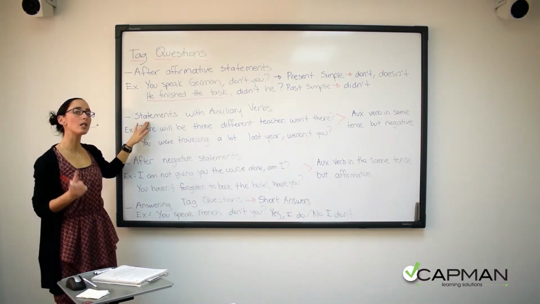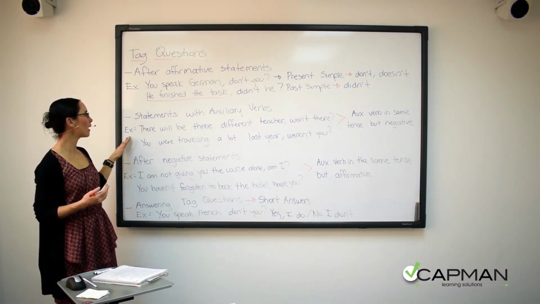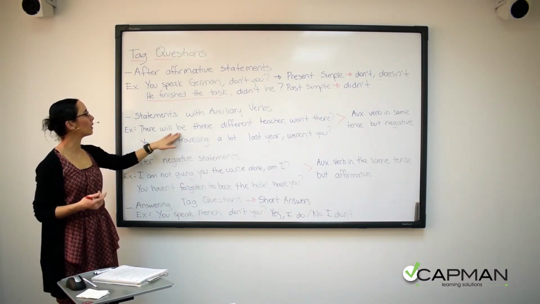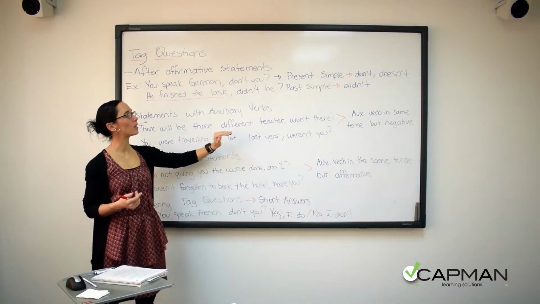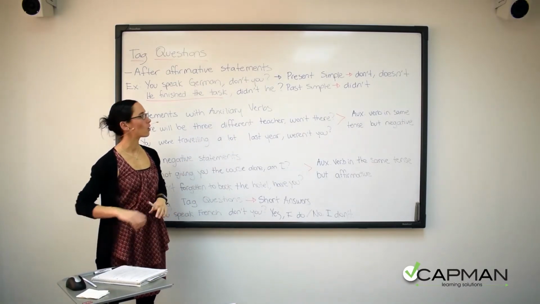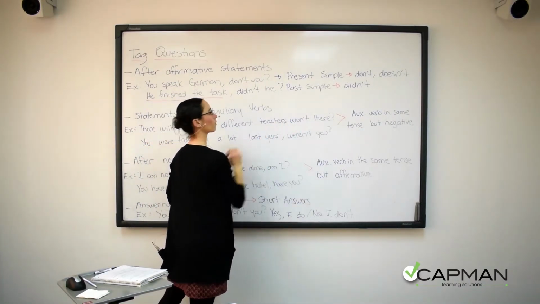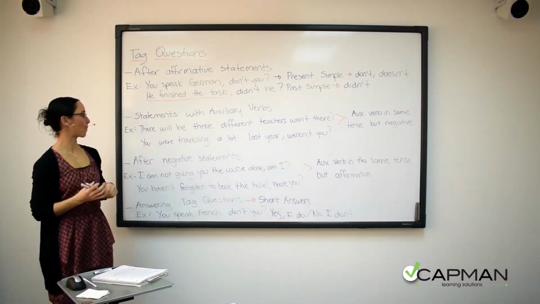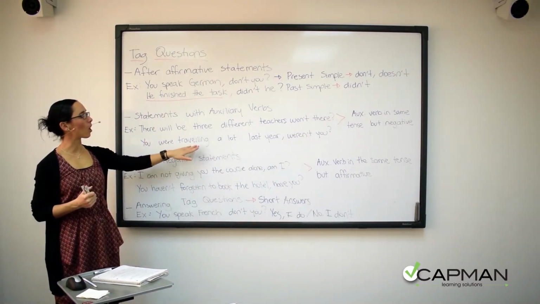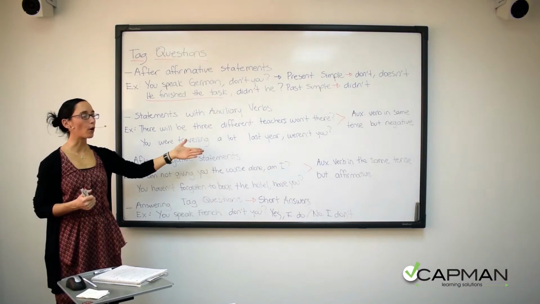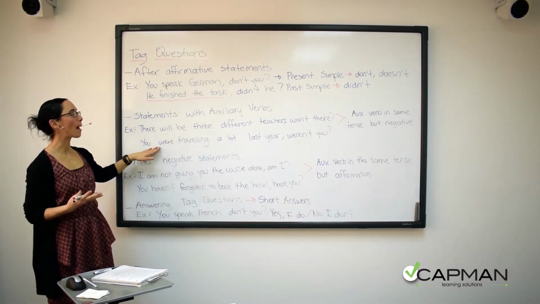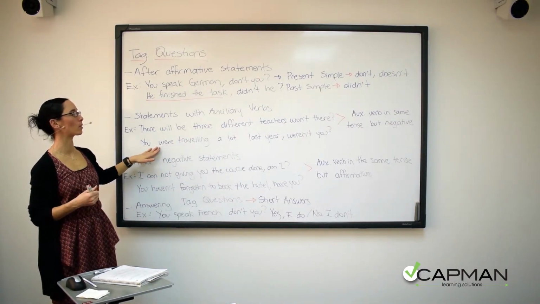Statements with auxiliary verbs. Example, there will be 3 different teachers. Won't there? Another example, you were traveling a lot last year, weren't you? What happens with the auxiliary verbs?